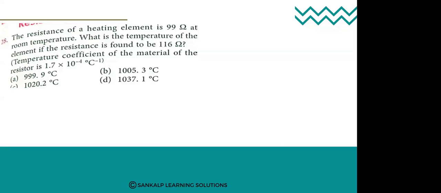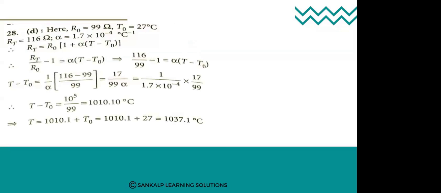Simplification will be a little lengthy, but it is a very simple, direct formula-based concept. Here, we know that, since the resistance is given. Sometimes the same question will be in the form of resistivity. That time the formula can also be written as rho T, the resistivity at temperature T, equals rho naught, the resistivity at the room temperature, into bracket 1 plus alpha into bracket T minus T naught bracket complete.